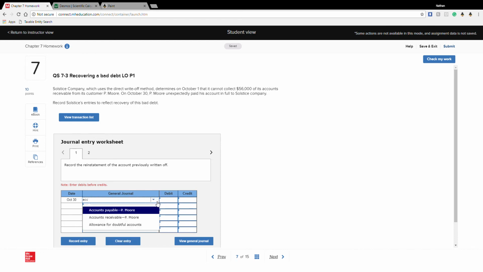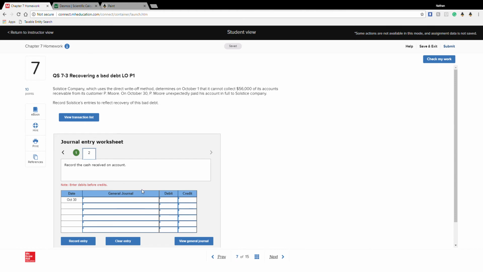So we reestablish his receivable to us and remove the little deduction that we get, the expense, and put it in. Okay, so again, the direct write-off method is probably the easiest of the methods. Okay, it just messes with bad debt expense right away. Doesn't do anything else. Everything flows through it.